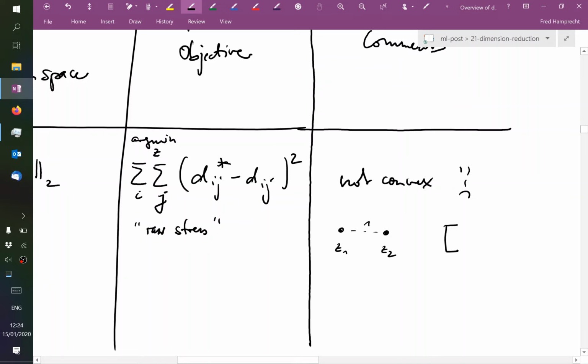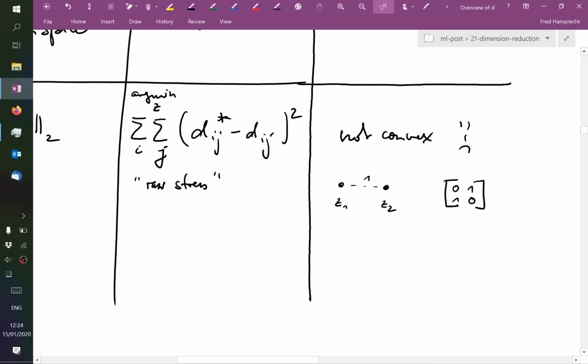My distance matrix would be 0, 1, 1, 0. But now I could exchange my points. I could have z2 and z1. They're still at a distance of 1. The distance matrix is the same, 0, 1, 1, 0.